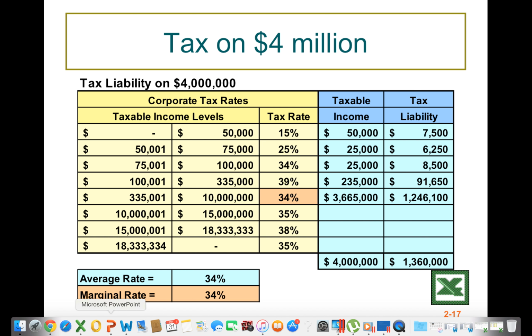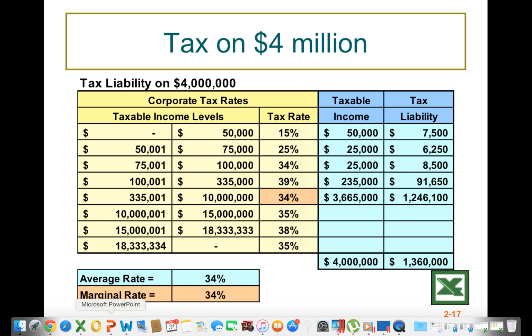Then we're going to add, so it's 50,000 less 0 times 0.15, plus the second tax rate, 25%, of 75K less 50K, which is going to give you 25K times that 25%. Then you're going to do 34%, which is going to be 100K less 75K times that 34%.